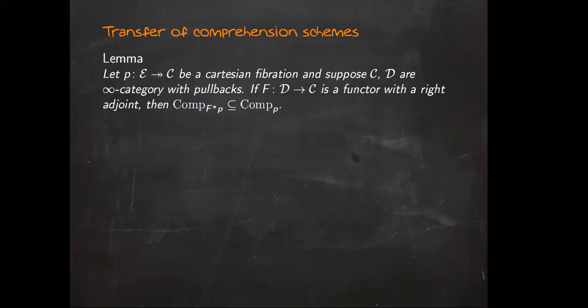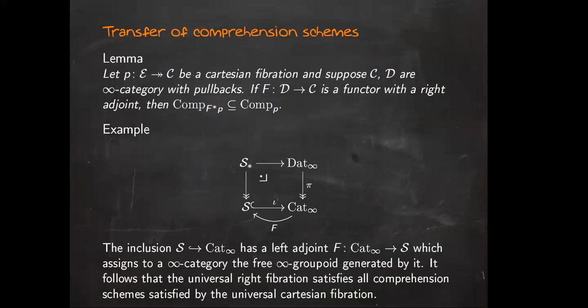So the pullback satisfies every comprehension scheme that P itself satisfies, whenever that functor we change the base along has a right adjoint. So this was a lemma that also holds in the ordinary case and translates to the infinity case.